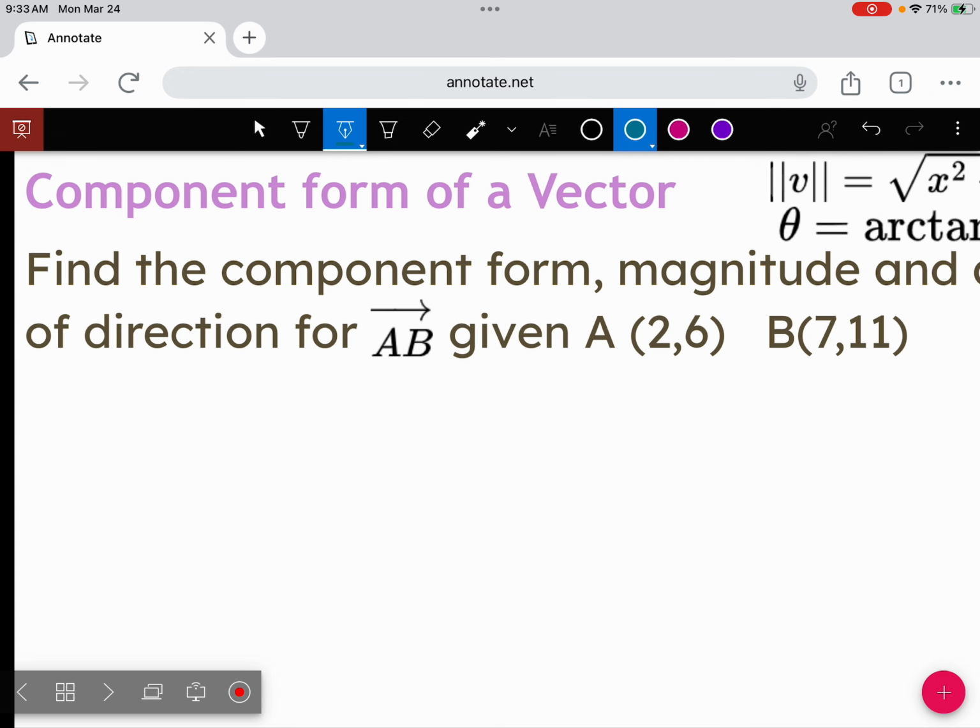All right, so to get our component form, that's when we're finding our change. We want the change in our x's and the change in our y's. So the change in our x's, we take our b minus a. So we're going to have our 7 minus 2.